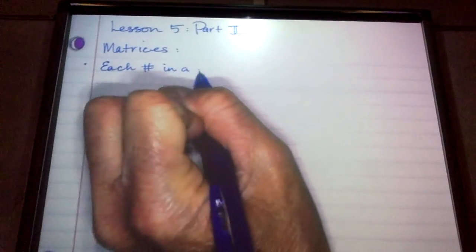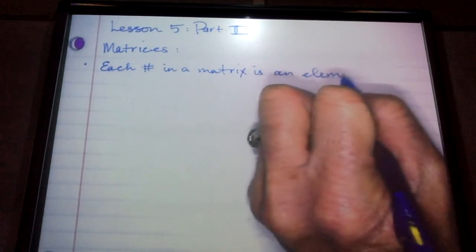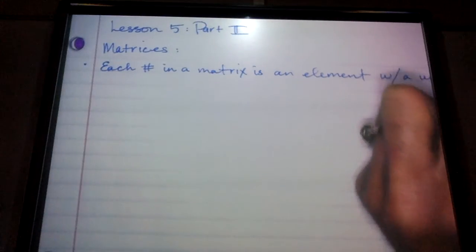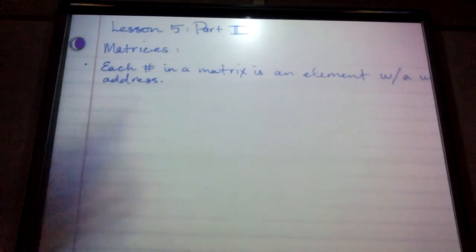Two things I left off. First, each number in a matrix is an element with a unique address. You need to be able to read it and know what they are.